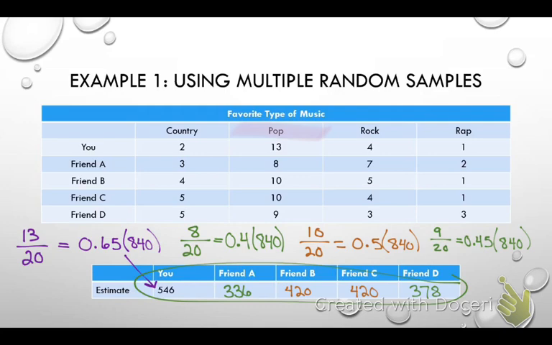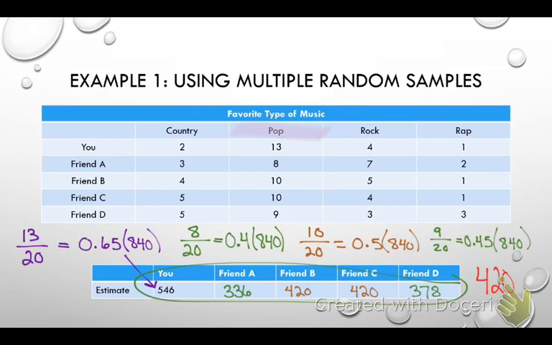So if I add each of these numbers together and divide by 5, that gives me the most accurate estimate for the population. So 546 plus 336 plus 420 twice plus 378 is 2100, divided by 5, and what would be my final answer? 420.